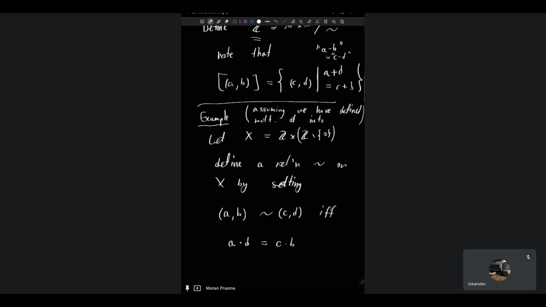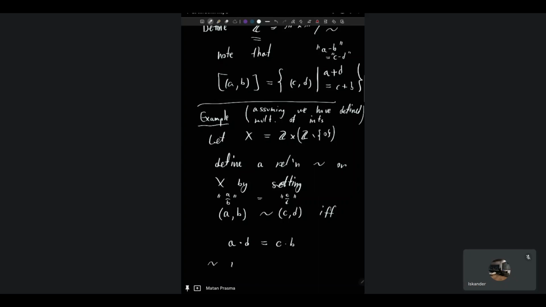And now I think of the pair A B as A divided by B, and of C D as C divided by D. And I say that they are equal if, again, like in elementary school, A times D is equal to C times B. And this is an equivalence relation.